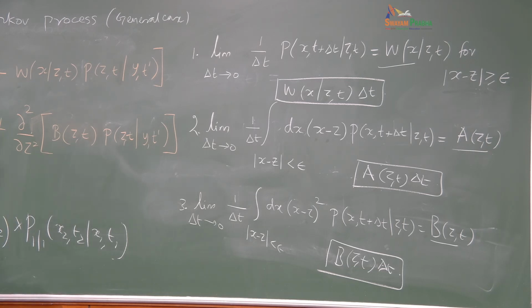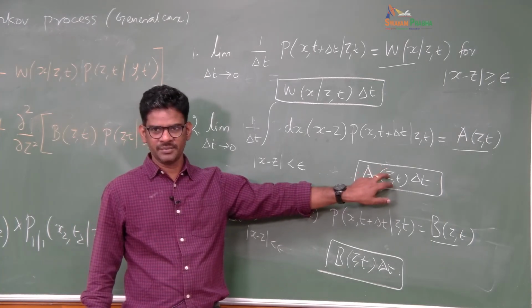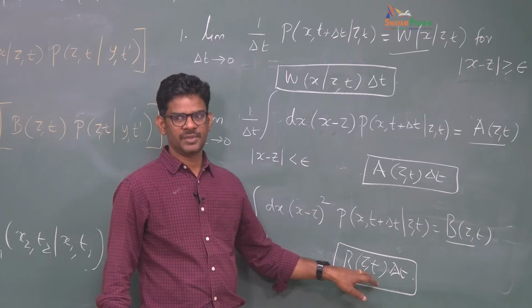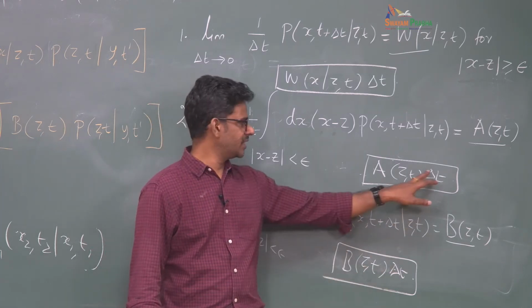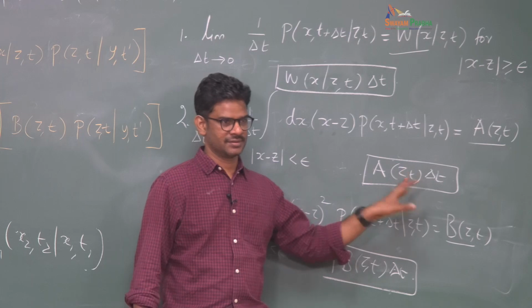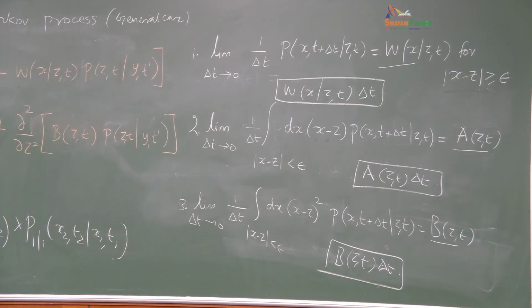Then how the mean displacement changes with unit time, and how the mean square of the displacement, the second moment of that displacement, changes with time, those are characterized by these equations. So now we take these definitions, and that's how these enter here.